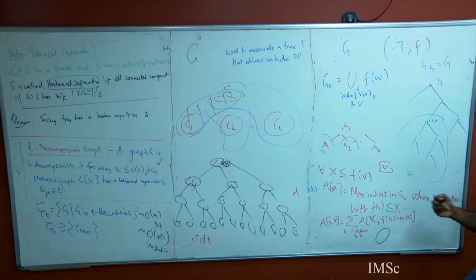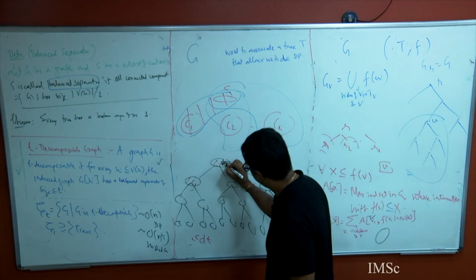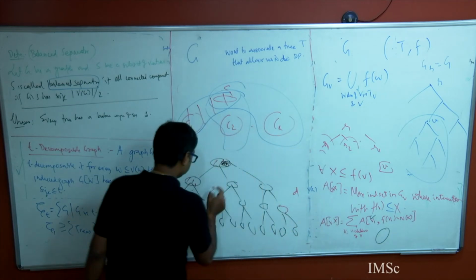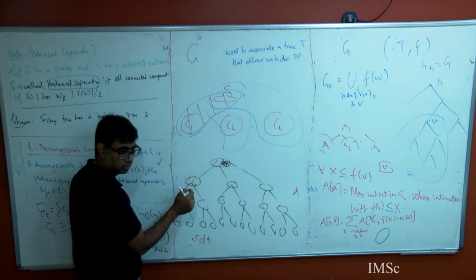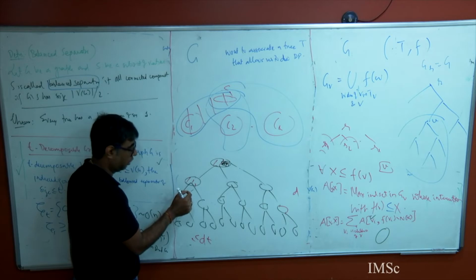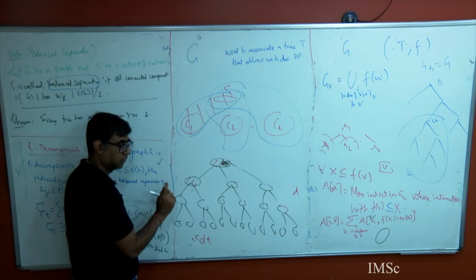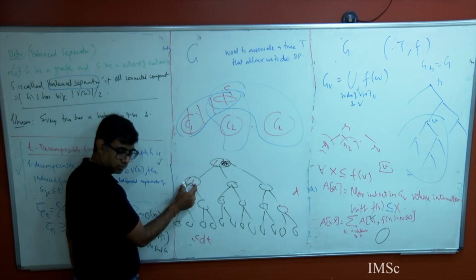Not its neighbors, right? So this is all that I wanted. I wanted my independent set to contain this guy, but not its neighbors. But if I look back here, what do I have here now? I have the whole set.